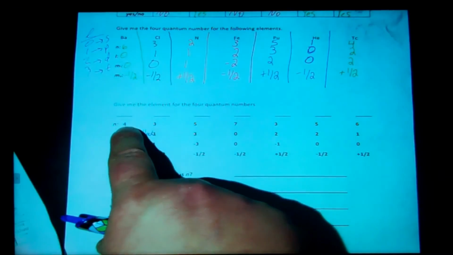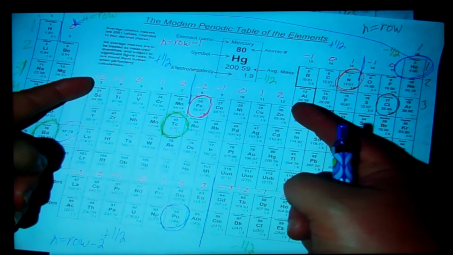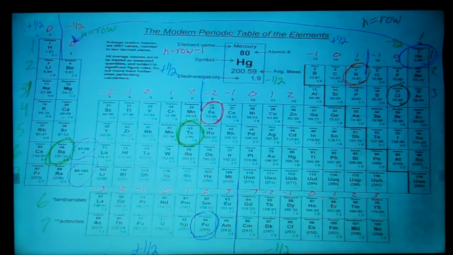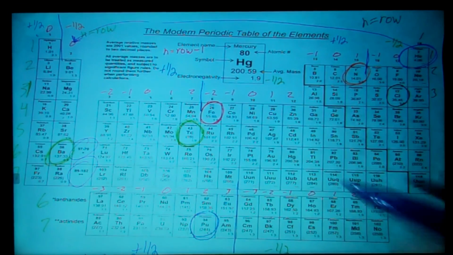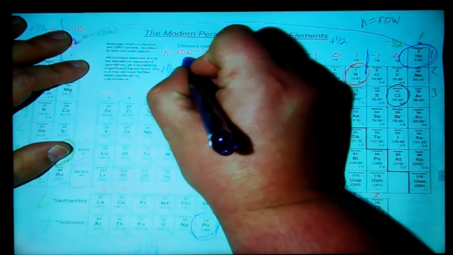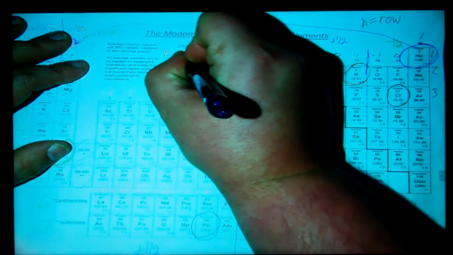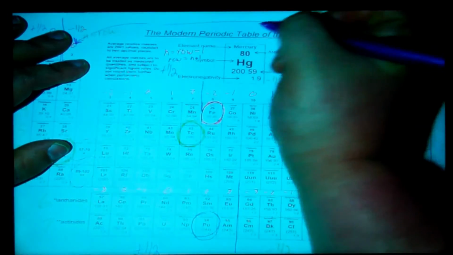I now have N. I'm trying to find the row, because what I've done is I've narrowed it down between columns 3 and 12. But I have the D block, and I have to remember something. With the D block, when I'm trying to find a row, I just got to do the opposite of this, where N equals rho minus 1. The row will be equal to N plus 1.